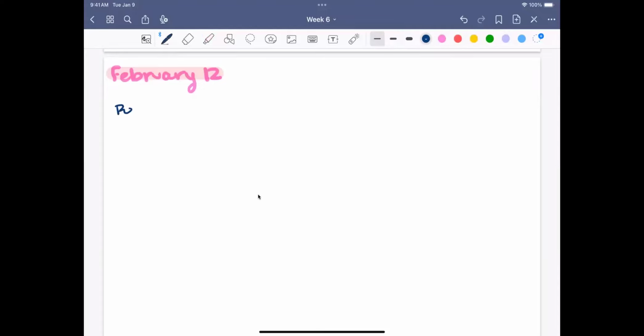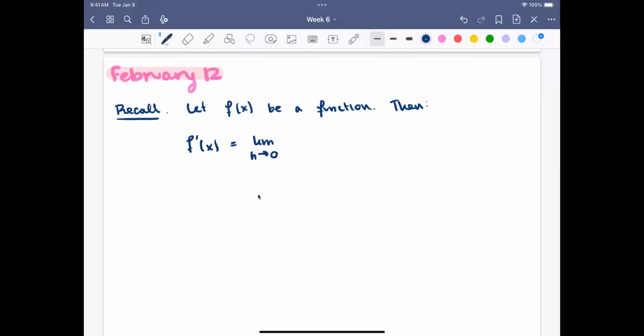Recall, if we have a function f of x, then we define f prime of x, which is called the derivative of f, to be the limit as h approaches 0 of f of x plus h minus f of x, all over h.